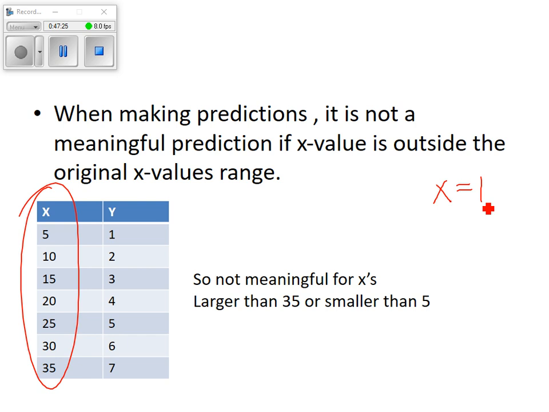Math people say it's not meaningful, but on the news you always hear, well, by 2030 this is going to happen. That's not a meaningful prediction because you're predicting outside of what we actually know.